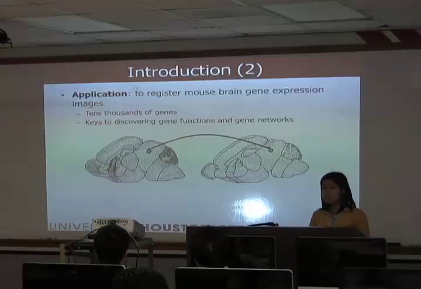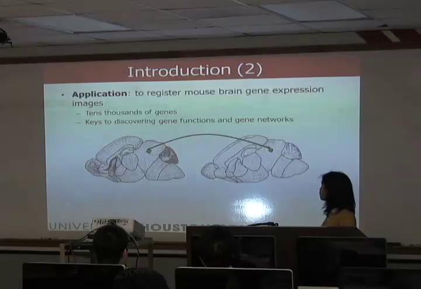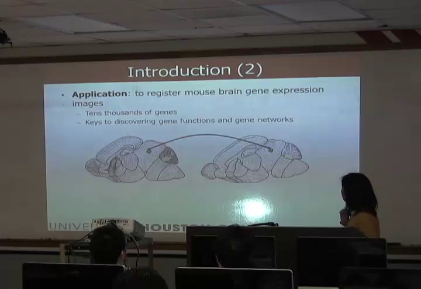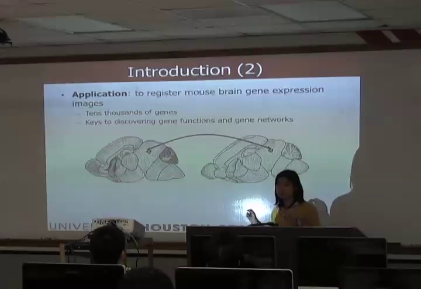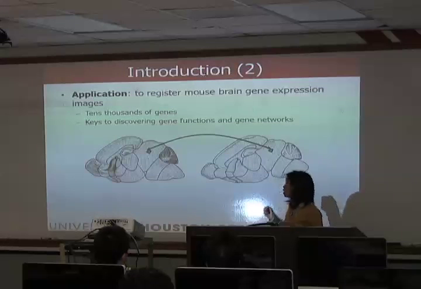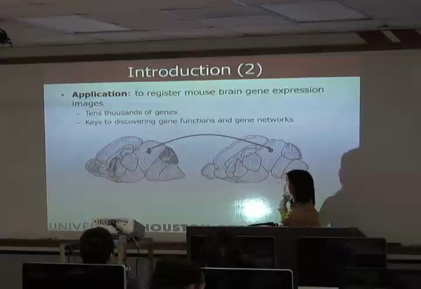The problem stemming from the application point of view in our work is to register mouse brain gene expression images. In a gene expression image, the intensity signal corresponds to the expression strength of a certain gene at a cell position.